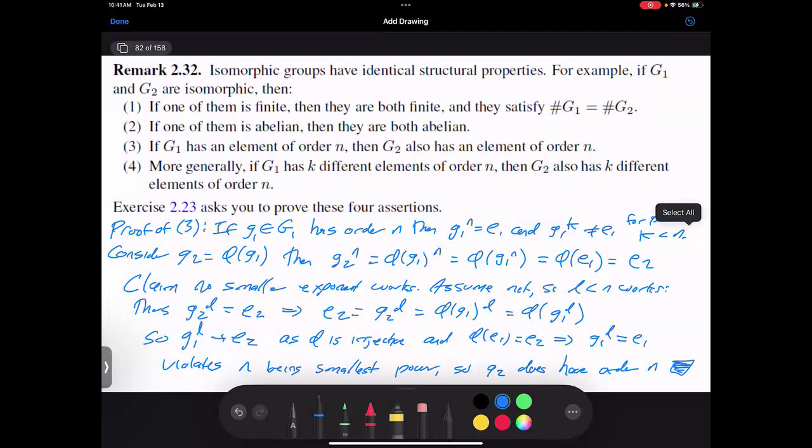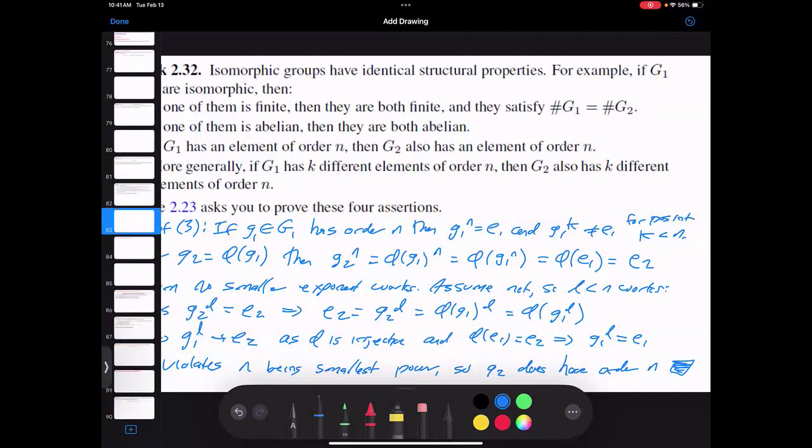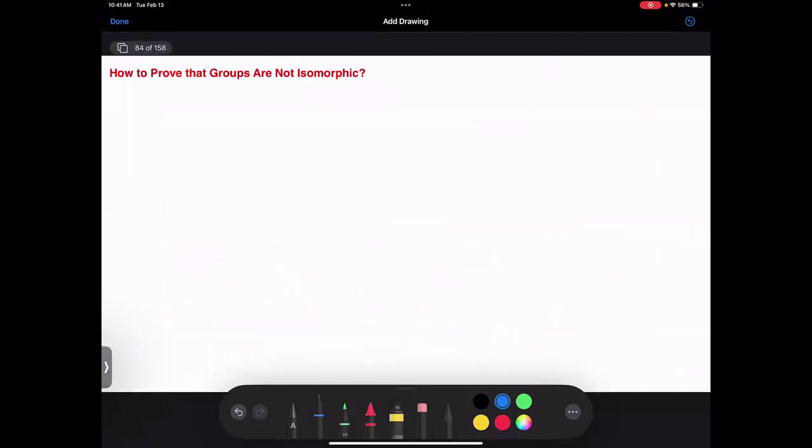Okay. So now, how do we prove that groups are not isomorphic? Can you give me any thoughts about how you might prove two groups are not isomorphic? Good.